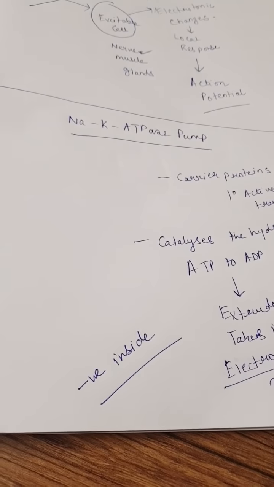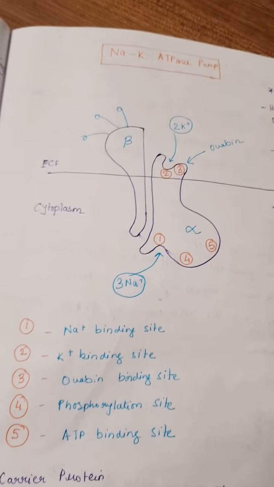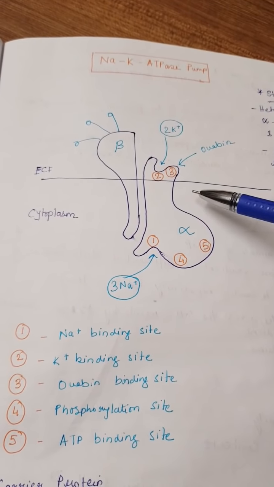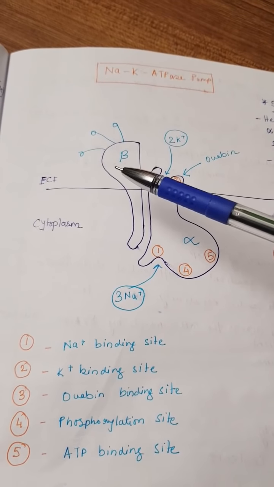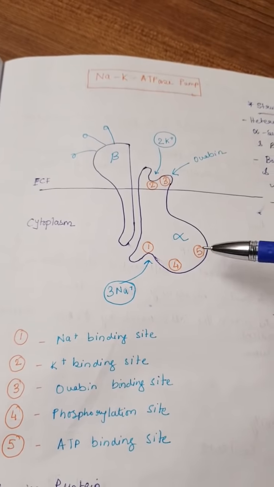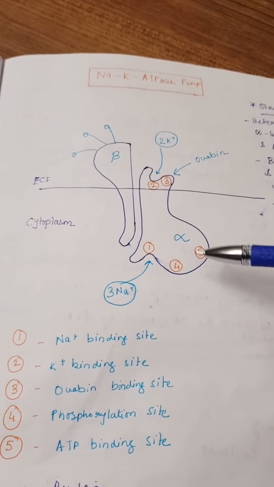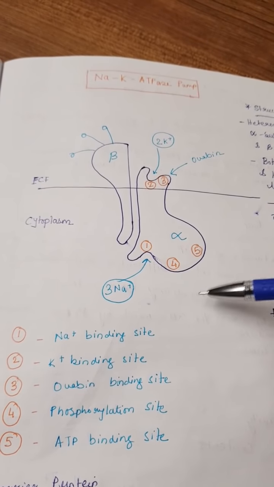Now let's go on to the structure. So this is the structure of the sodium potassium ATPase pump. It consists of an alpha subunit and a beta subunit. The alpha subunit is the part through which the sodium potassium exchange occurs and phosphorylation also occurs here.